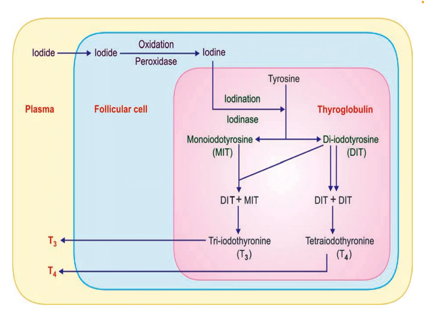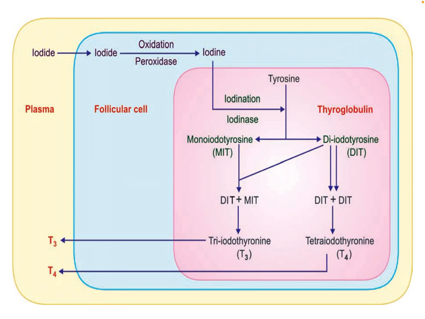Absence or inactivity of this enzyme stops the synthesis of thyroid hormone. Next step is transport of iodine into the follicular cavity. From the follicular cells, iodine is transported into the follicular cavity by an iodide chloride pump called pendrin.